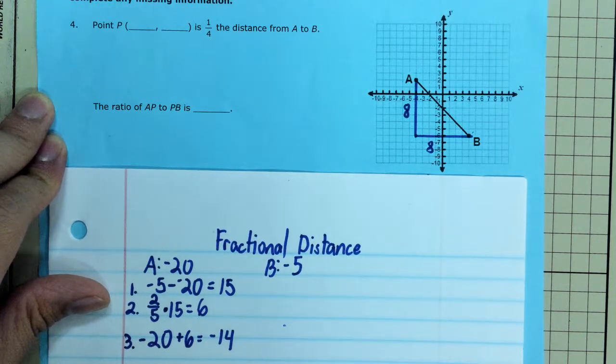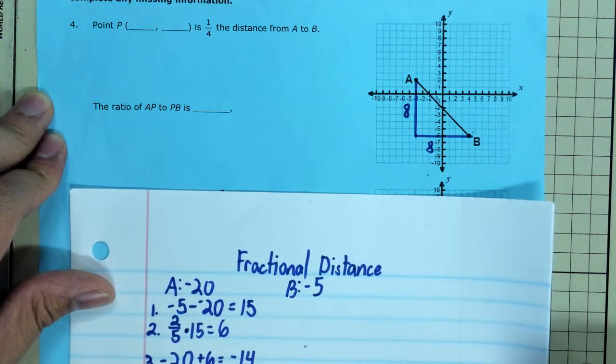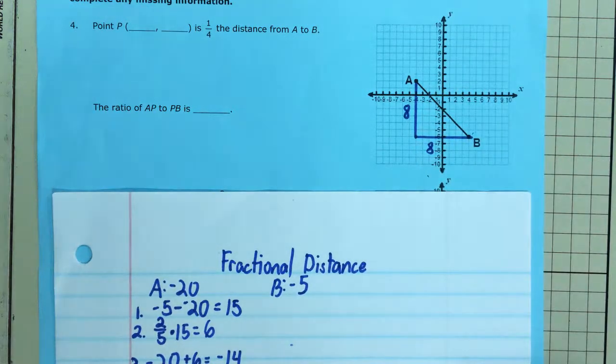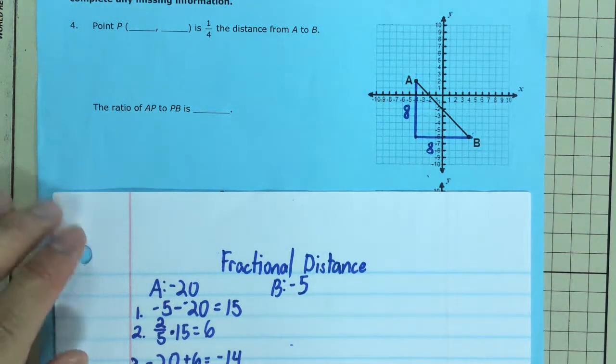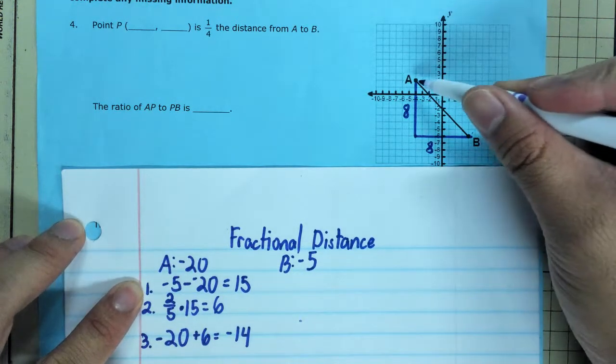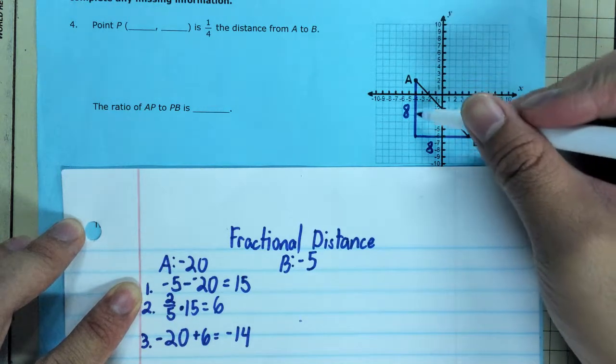They don't necessarily have to be the same all the time. So 8 and 8. Remember, that was step 1 from over here: find the distance between those two numbers. Because we were on the graph, we could have counted them. The X distance moved 8, the Y distance moved 8.